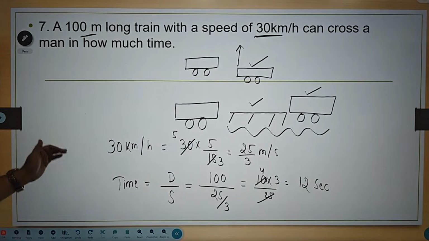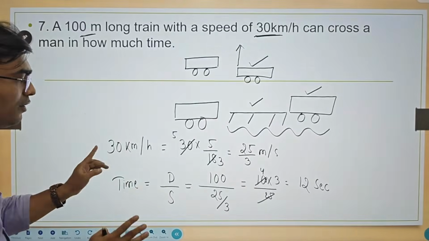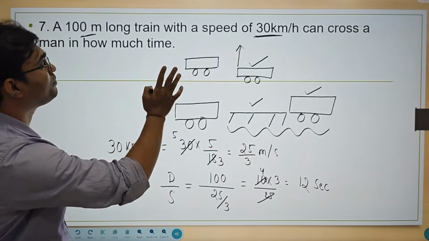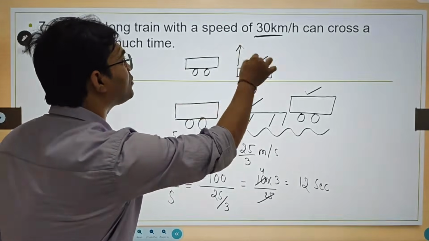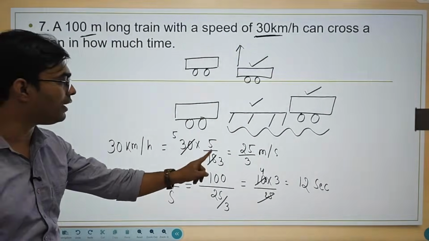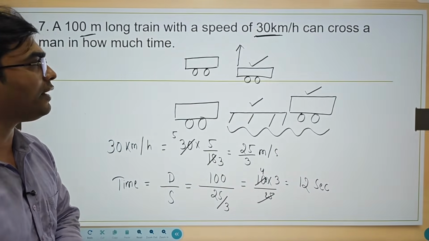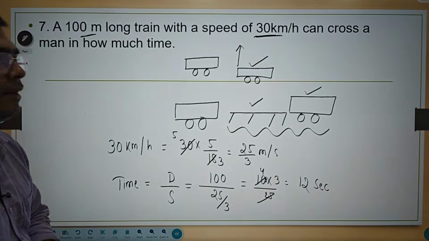Clear? So this is the time taken by the train to cross itself. So it will take 12 seconds to cross the man.